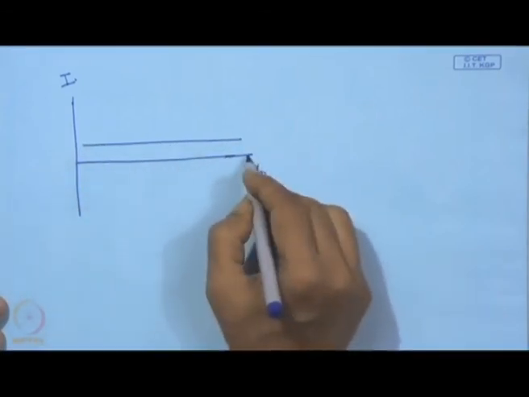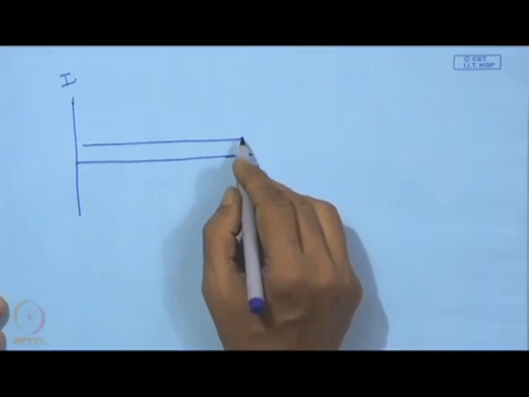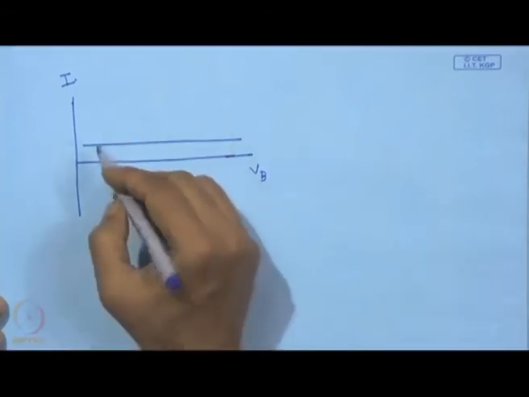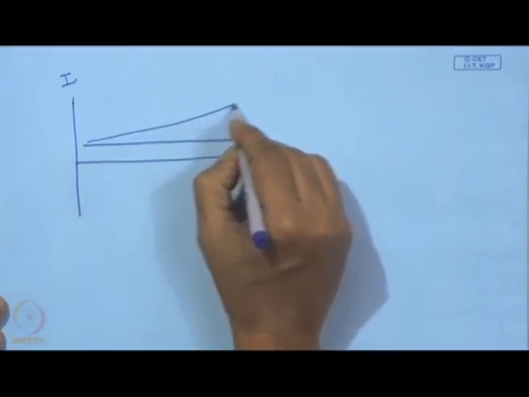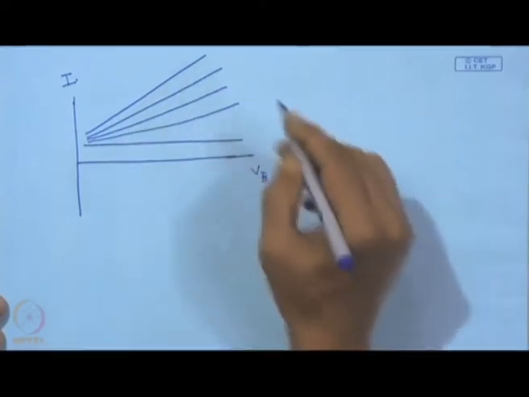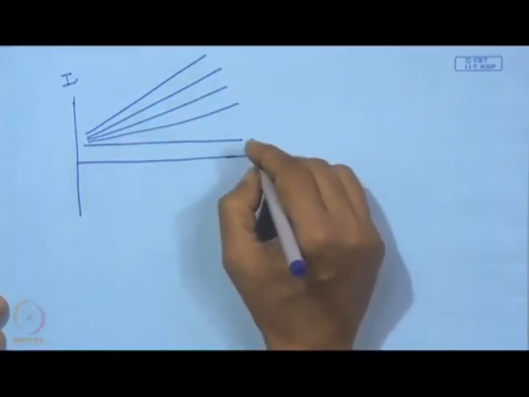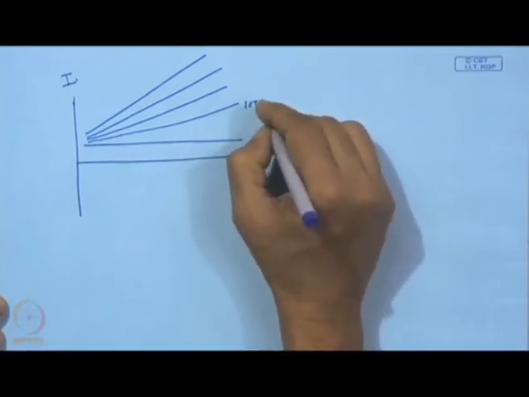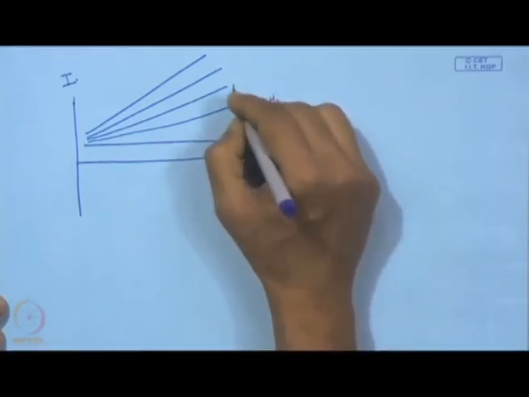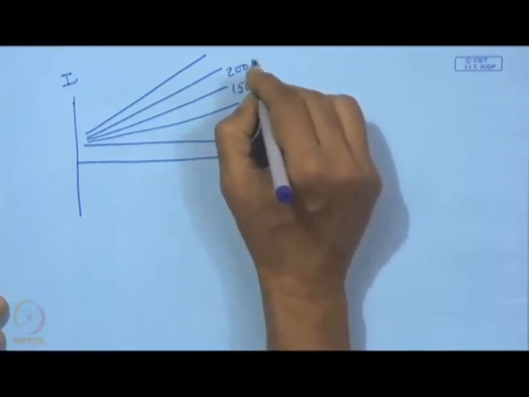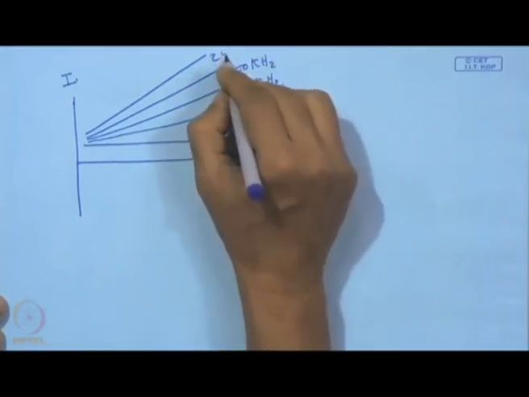So, with increase of voltage we can hardly increase the current, but what we have seen is that when we increase the frequency, we can have such kind of graph, and this is, say, with 0 frequency, and this one 100 kilohertz, 150 kilohertz, 200 kilohertz or 250 kilohertz.